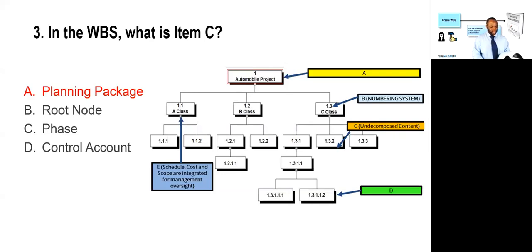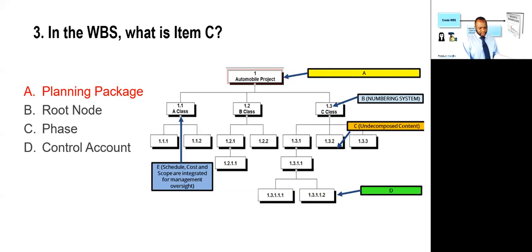Page 713. It says a work breakdown structure component below the control account. You got to get that definition. A work breakdown structure component below the control account. Below. With known work content, but without detailed schedule activities. That's your planning package. That's why it's the answer. Okay? Good.